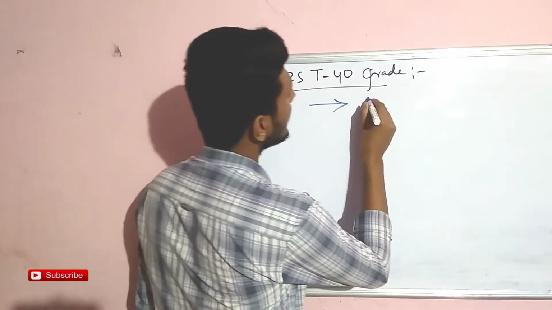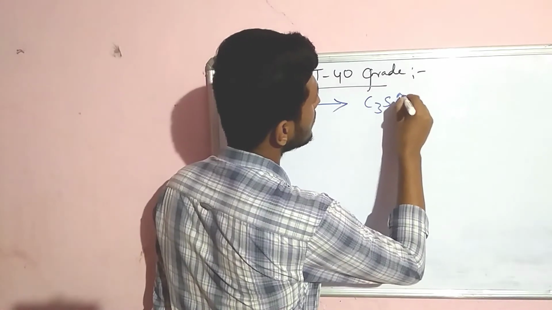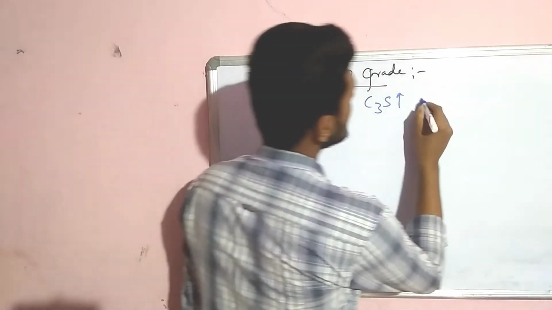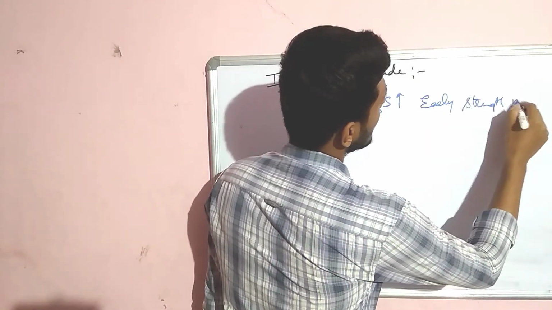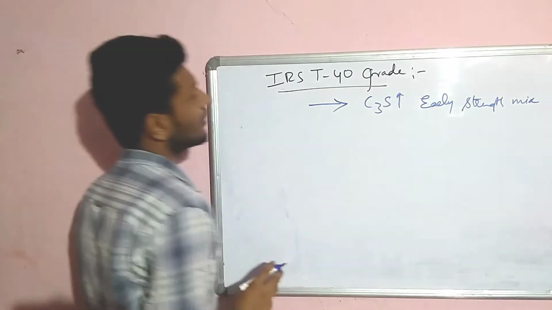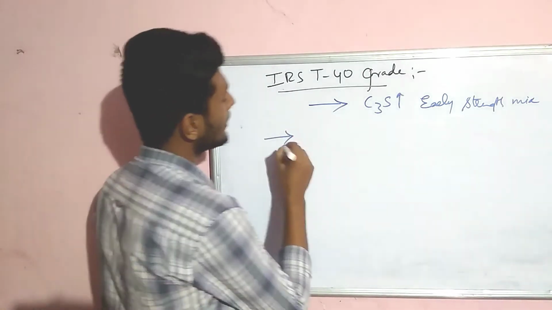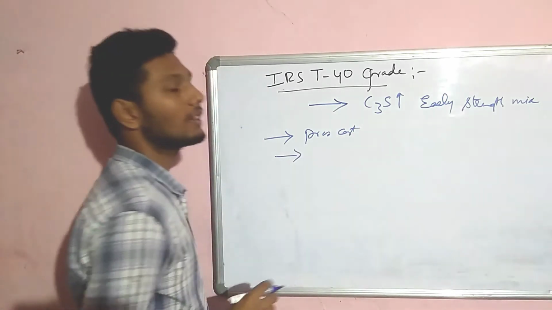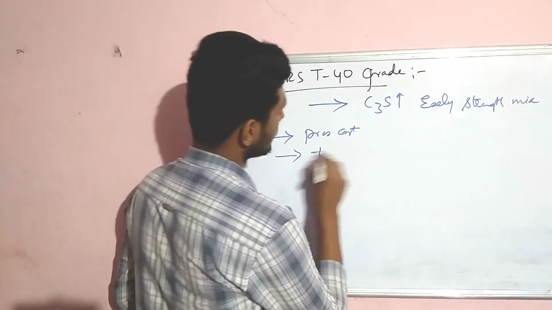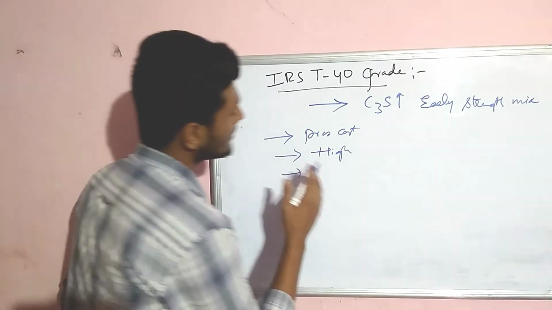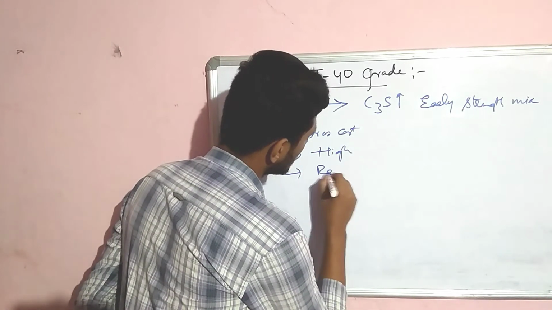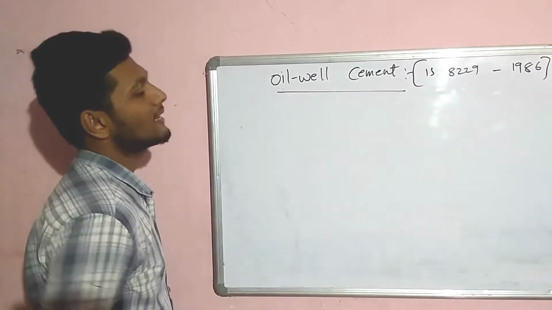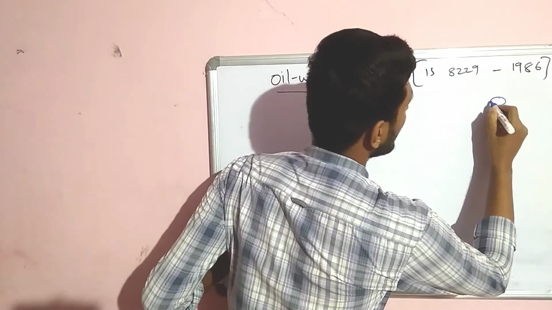Due to the increase of C3S compounds in the mixture of Portland clinker, it increases the early strength of the mix, and it is also used in the precast industry, in high-rise buildings, and, for its high strength, in repair works.